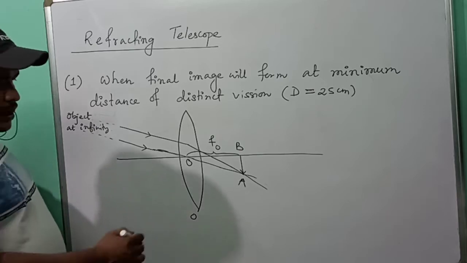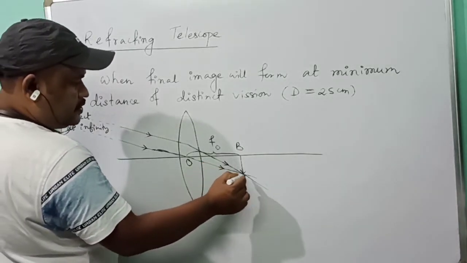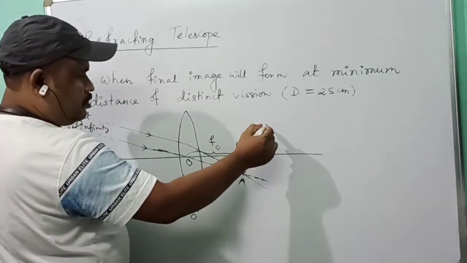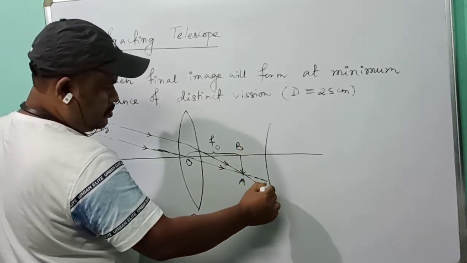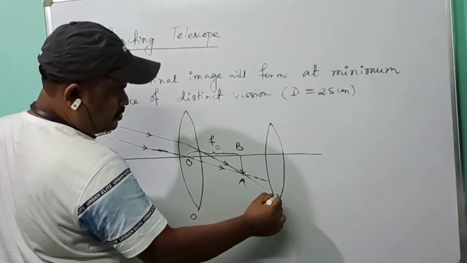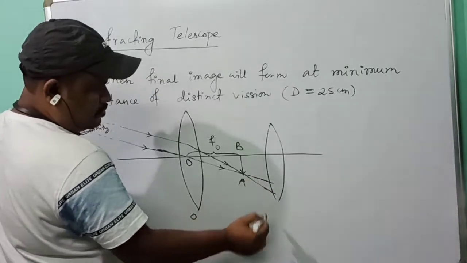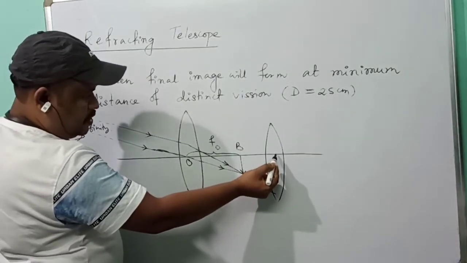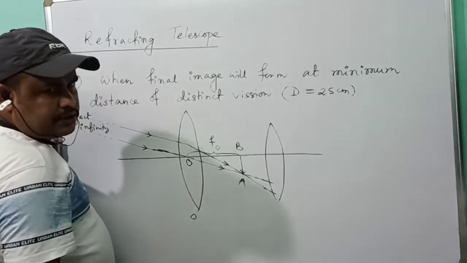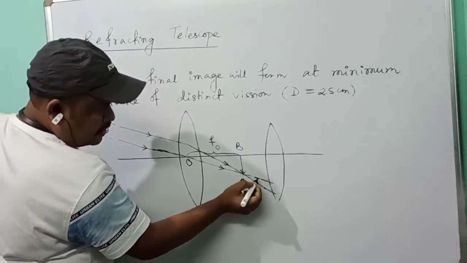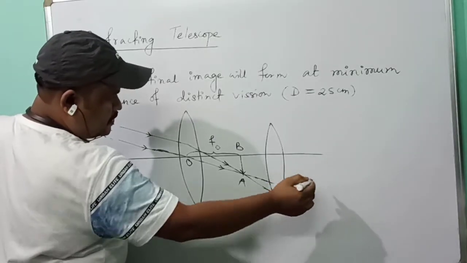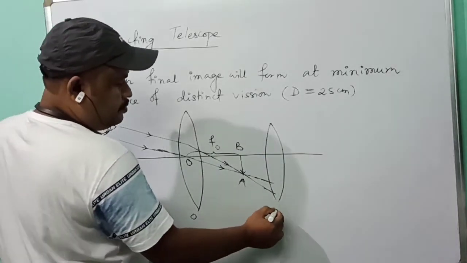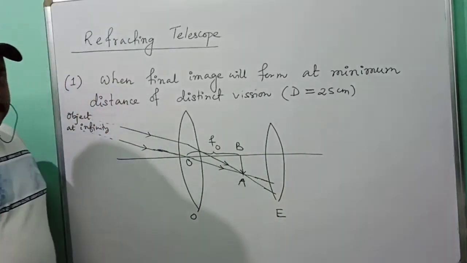Now you see these two refracted rays, after formation of the image, will again be incident on the eyepiece lens. Since the final image will form at the minimum distance of distinct vision, in that case these two refracted rays will diverge after refraction from this eyepiece lens.